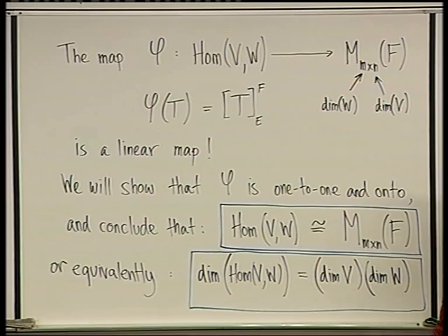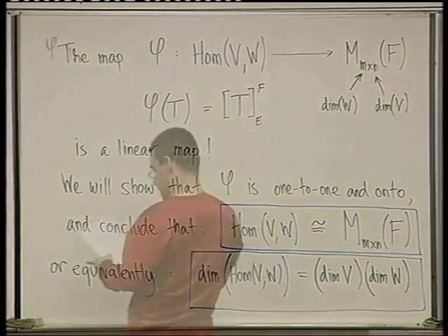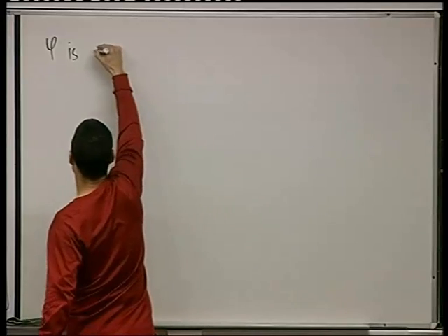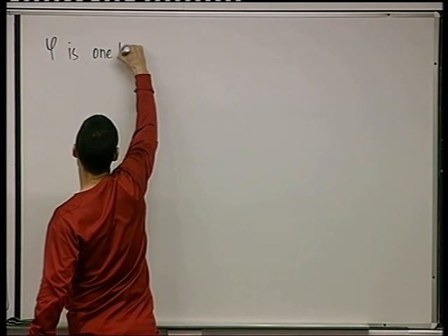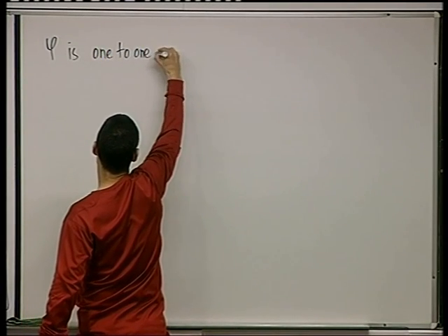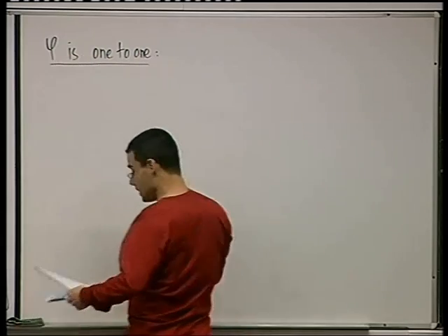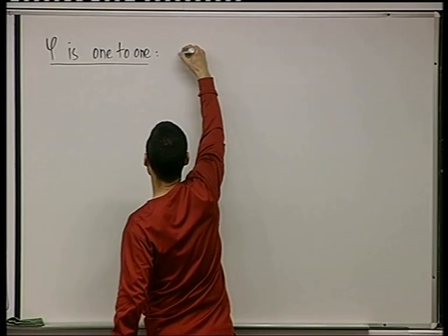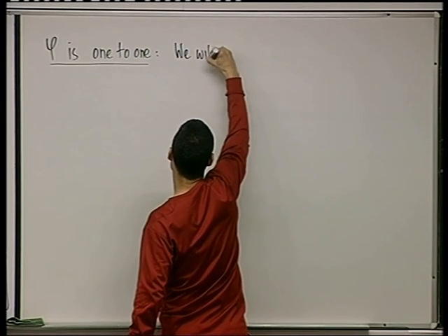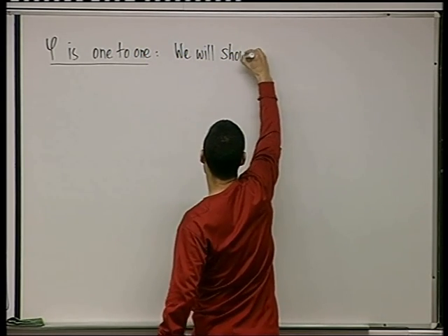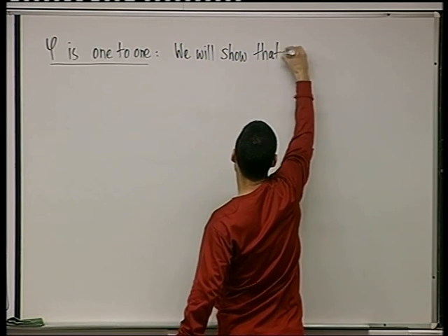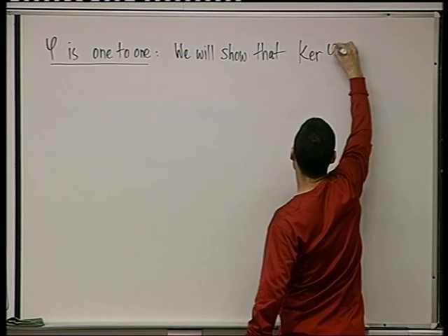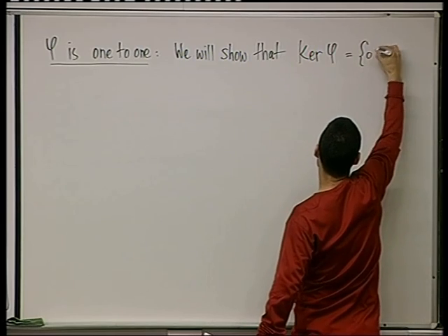So phi is, what are we going to start with? One-to-one. Why is phi one-to-one? So let's prove, we will show that the kernel of phi is 0.